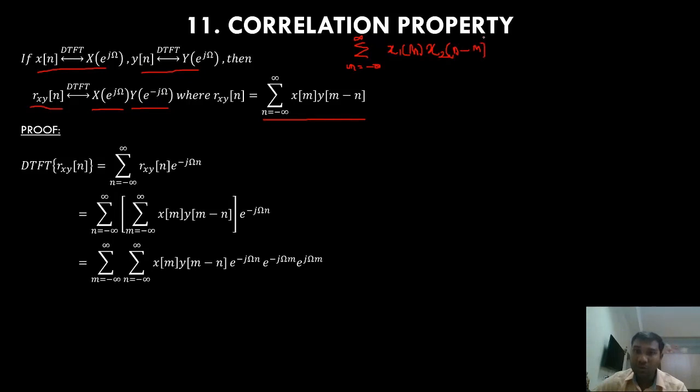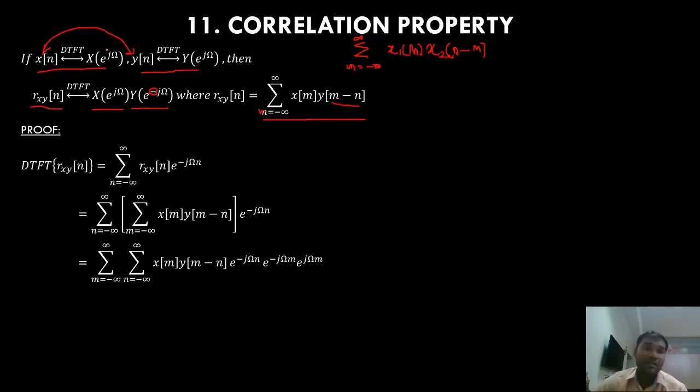Correlation formula is very similar to convolution formula, but there is a sign reversal here. Instead of n minus m, I'll have m minus n. That is the only difference between convolution and correlation, right? That is why there is a sign change here. In convolution, what was it? If I had to find the DTFT of x of n convolved with y of n, how will the DTFT look?